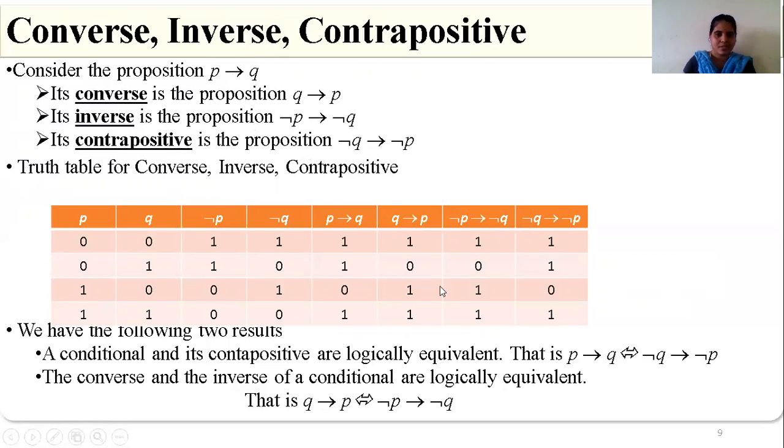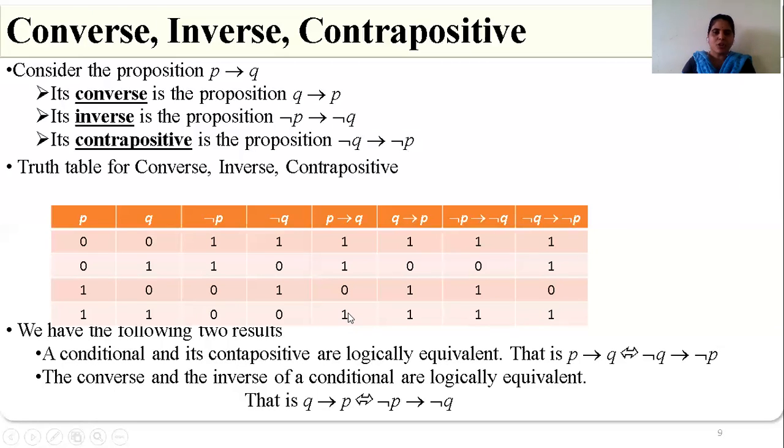Here we can see the truth table for inverse, converse and contrapositive. We can go through the truth table for all the possible values. Then we have two results for this logical implication. A conditional and its contrapositive are logically equivalent. This is the conditional for P and Q, that is P implies Q. We can observe the truth values here for all the combinations.